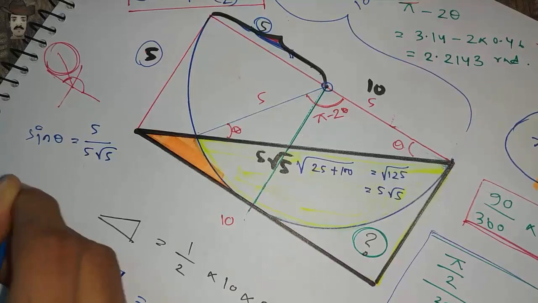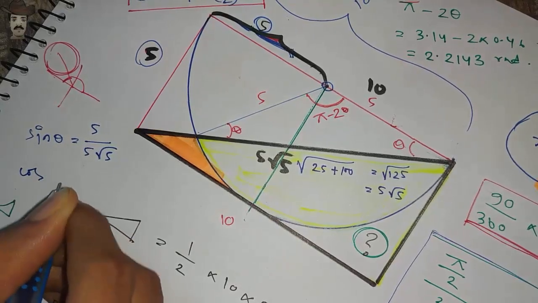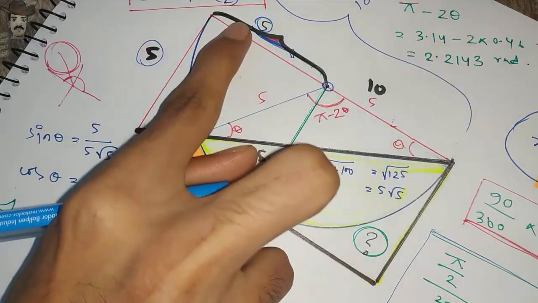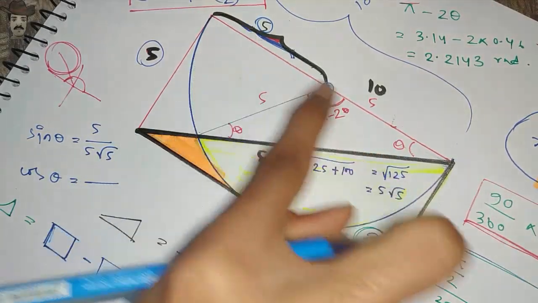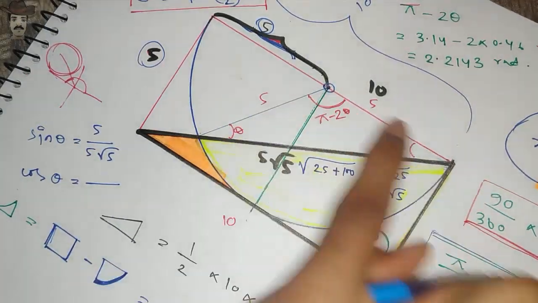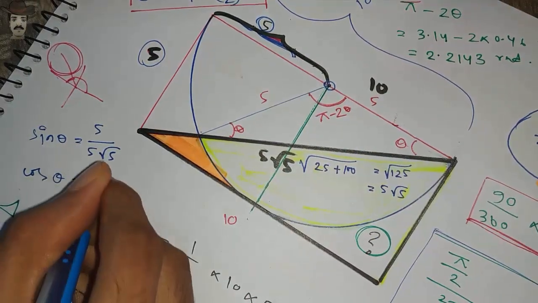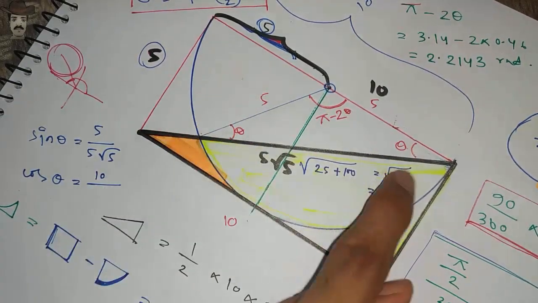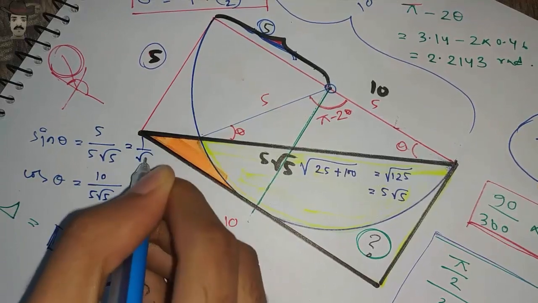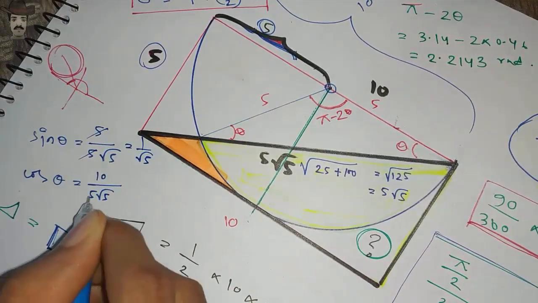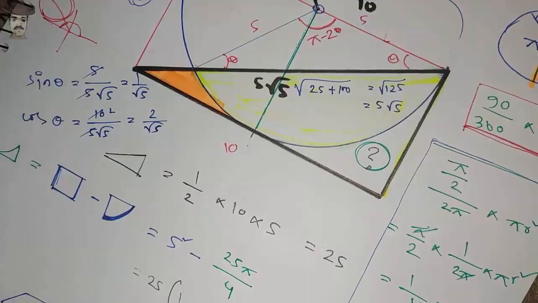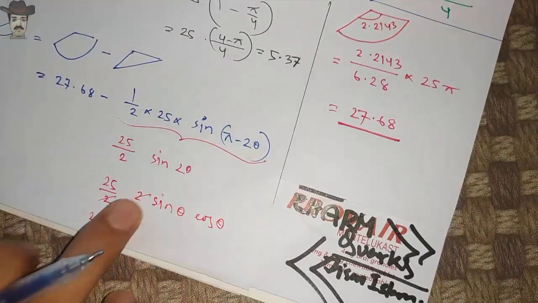And cos theta, because theta is this angle, will be equal to the adjacent over the hypotenuse. Adjacent is 10 in this case, and the hypotenuse is 5 root 5. So we can simplify sine theta to be 1 over root 5 and cos theta to be 2 over root 5.